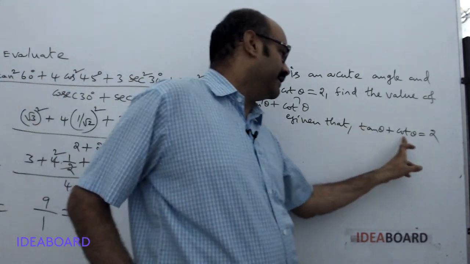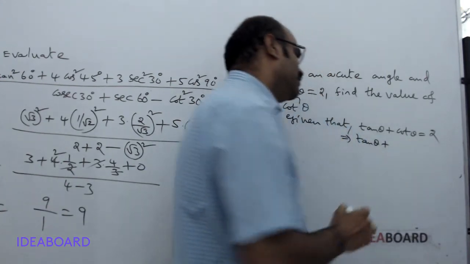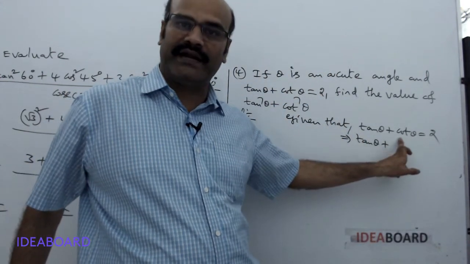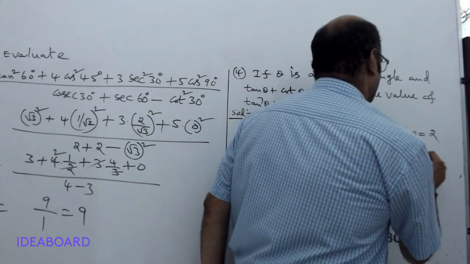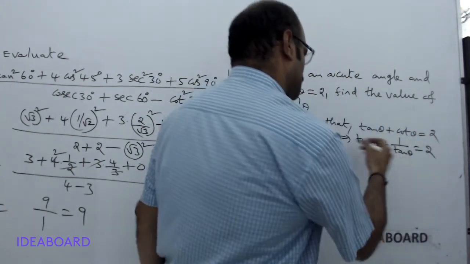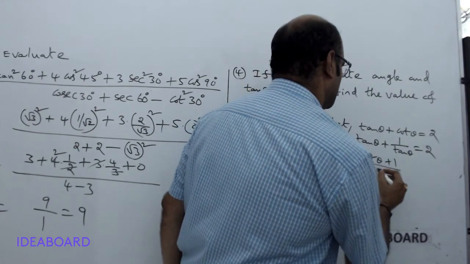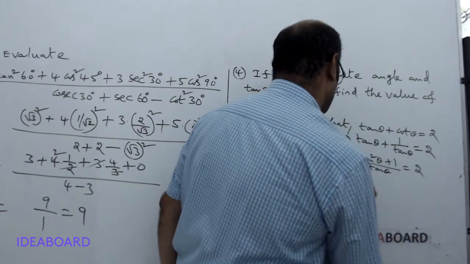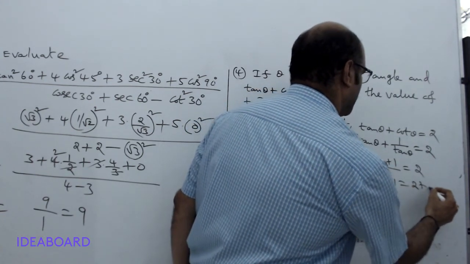So here tan theta plus, we know that cot theta equal to 1 by tan theta. So tan theta plus 1 by tan theta equal to 2. Take LCM, tan square theta plus 1 by tan theta equal to 2. Tan square theta plus 1 equal to 2 tan theta.